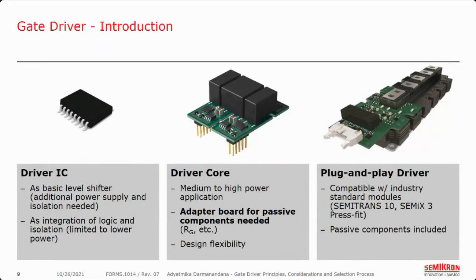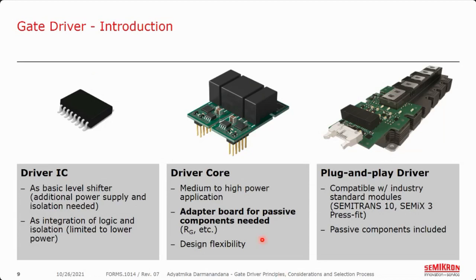If you look at the market, you will find gate drivers available in the form of an IC or integrated circuit, the driver core, or the plug-and-play driver. A driver IC may come as a basic level shifter, or as a full function of logic and isolation. But due to limitations of its package, it may be limited to lower power applications only.